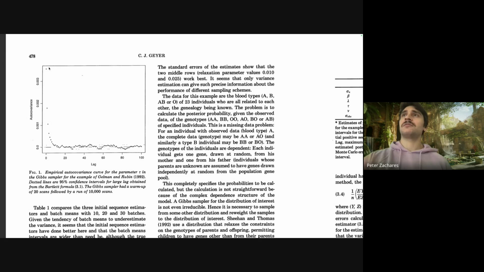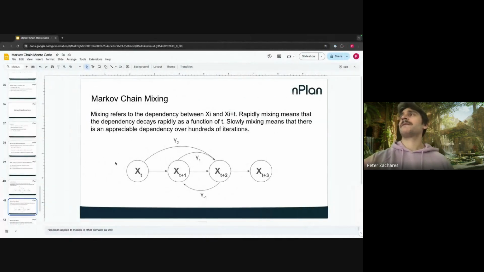I guess a slowly mixing one would be one where the line is more linear, or maybe even something else. You get what I mean. And this is the other condition that you need to be able to use the samples in your Markov chain, which is that the Markov chain is mixed.